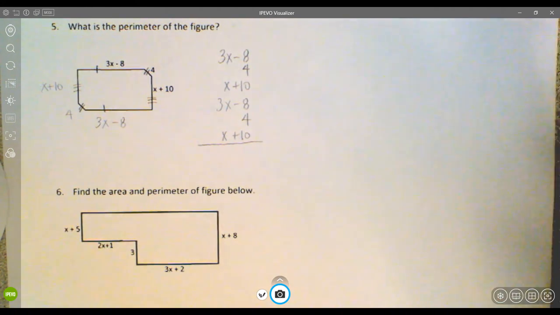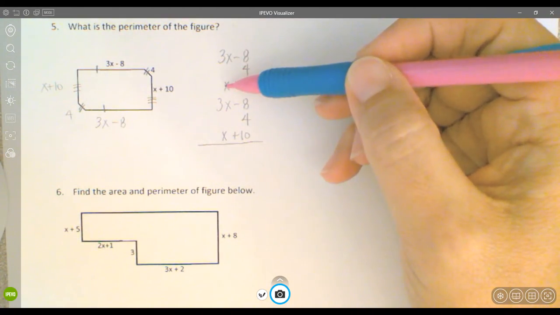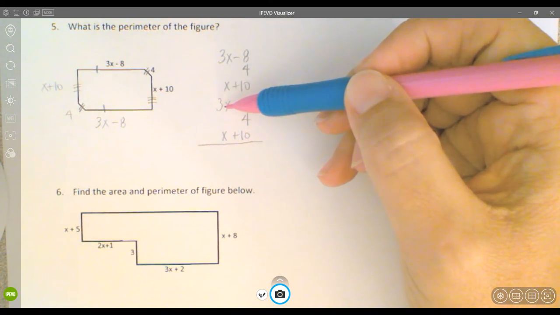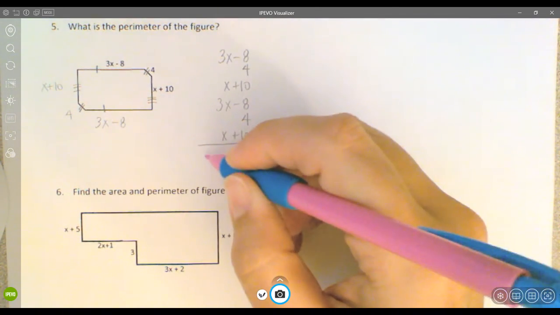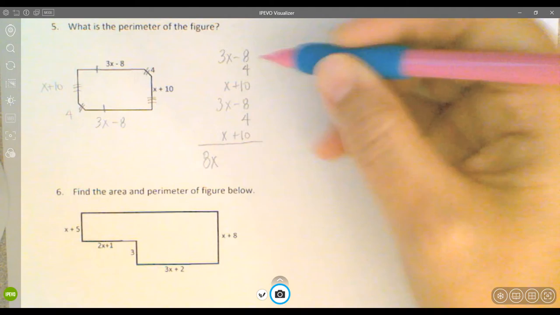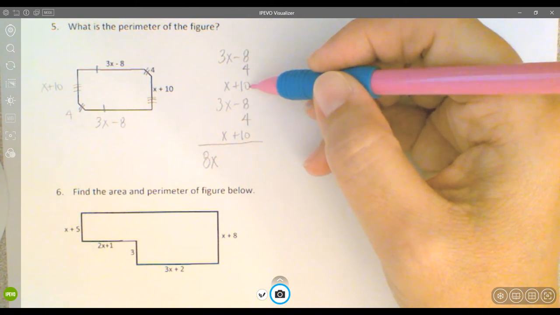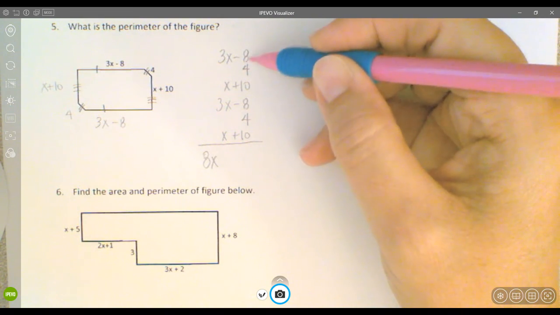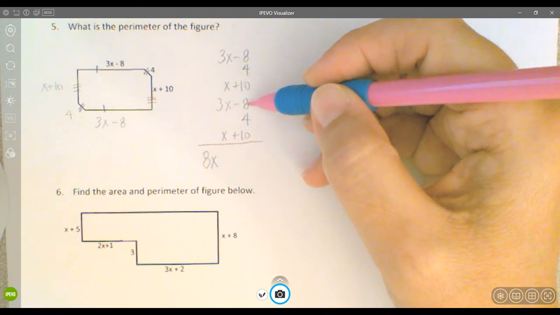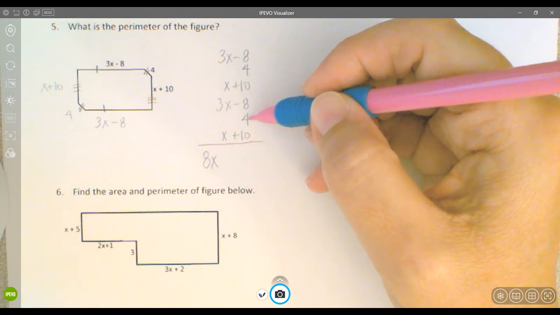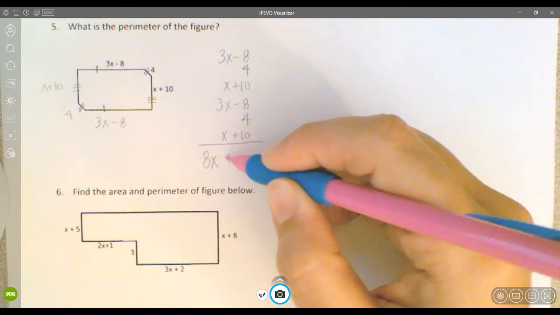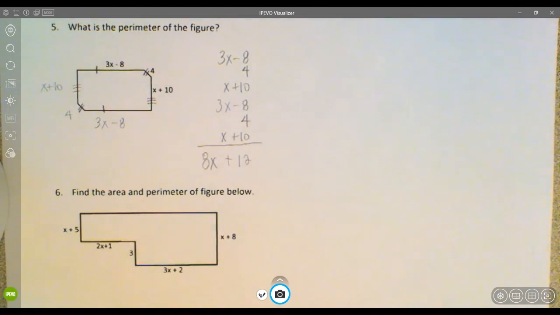All right, so let's put our like terms together. 3x plus 1x is 4x, plus 3x is 7x, plus 1x is 8x. Negative 8 plus 4 is negative 4, plus 10 is 6. So 6 minus 8 is negative 2. Negative 2 plus 4 is 2. And 2 plus 10 is 12.